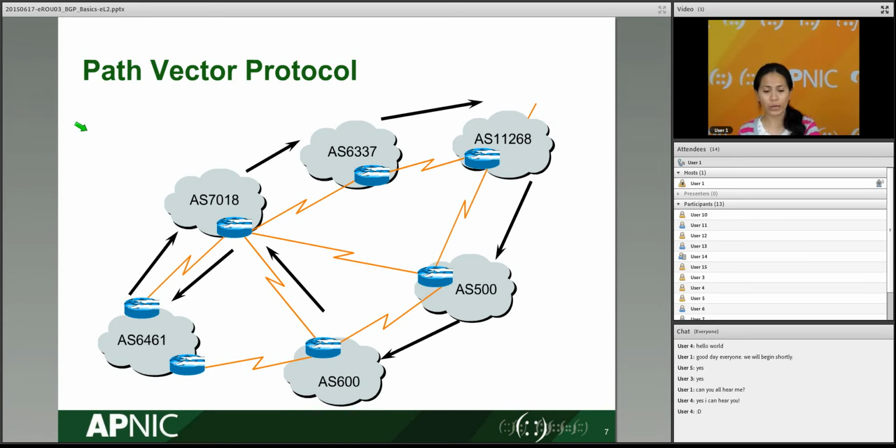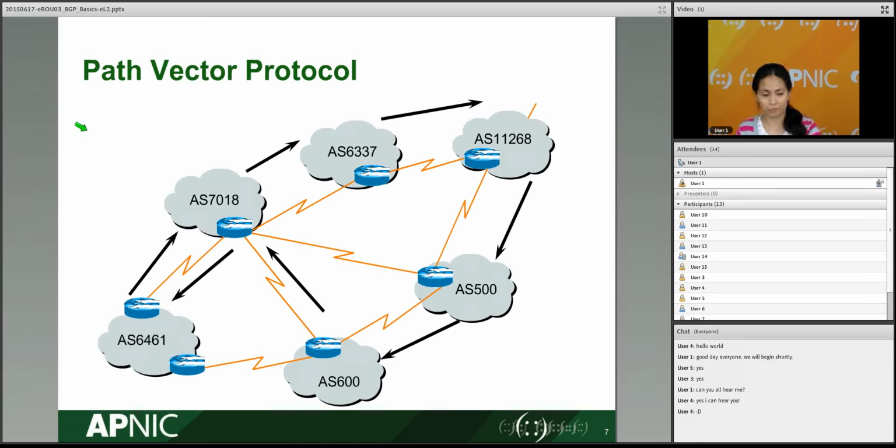Here we have six different networks. They're defined by different AS numbers. Autonomous systems are networks by themselves, defined by two things. One is that it should have its own routing policy, and usually it is run by a single administrator.